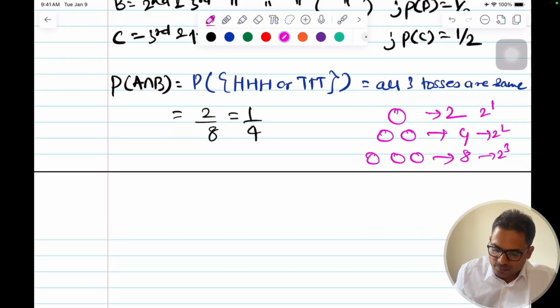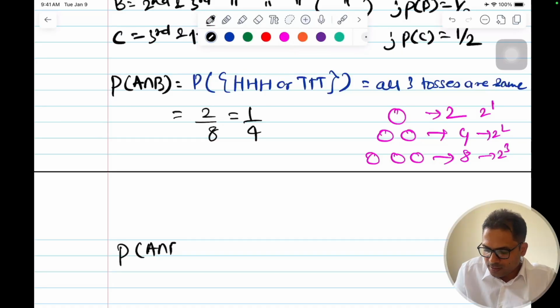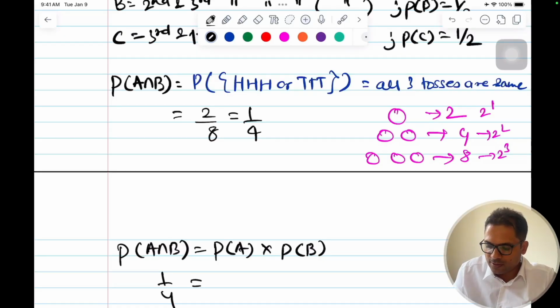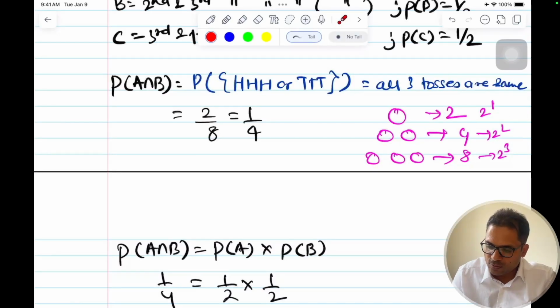Now for pairwise independence, the test of independence is that P of A intersection B should be P A into P B. We have calculated P of A intersection B is 1 by 4. This should be equal to half into half. What was PA?